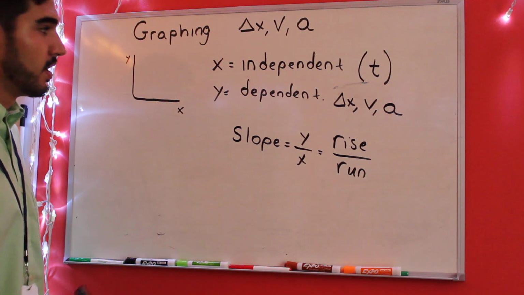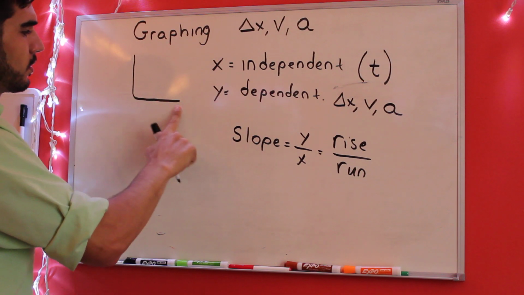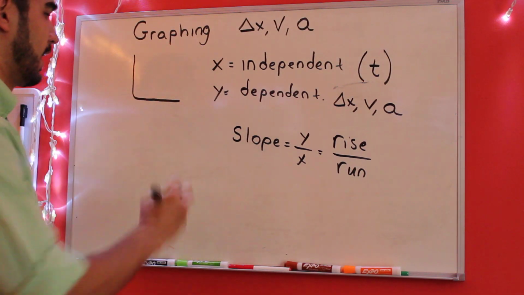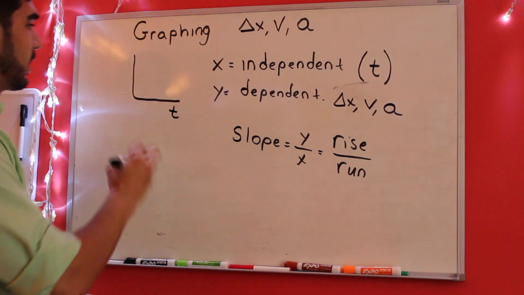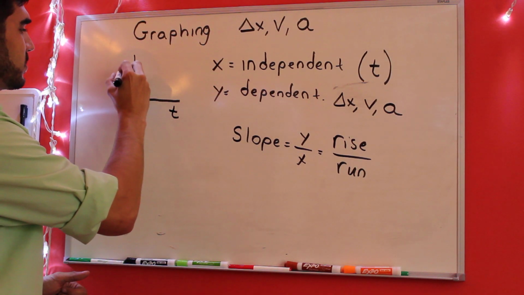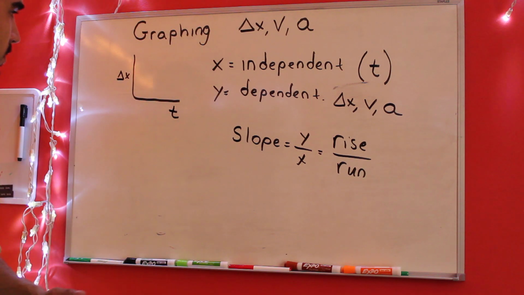For example, if I was to make my x-axis time, and I'm just going to leave it as t right now, and I'm going to make my y-axis delta x.